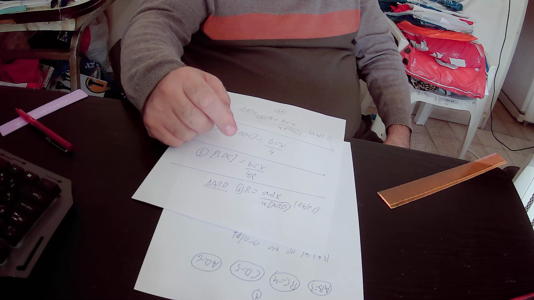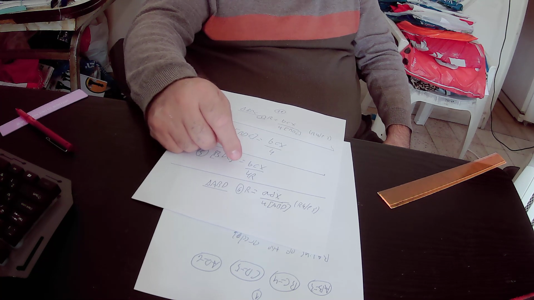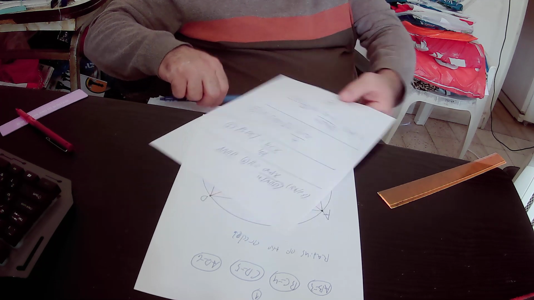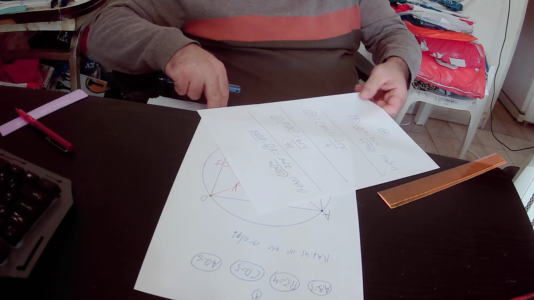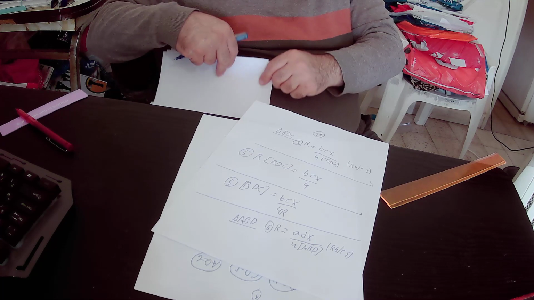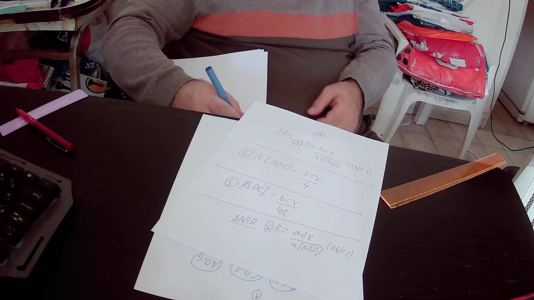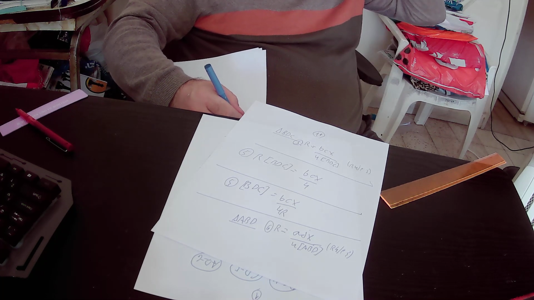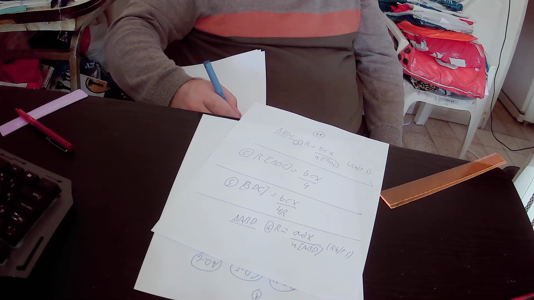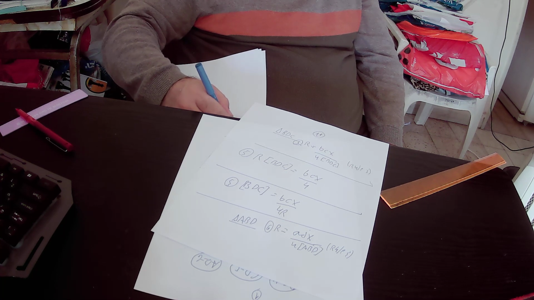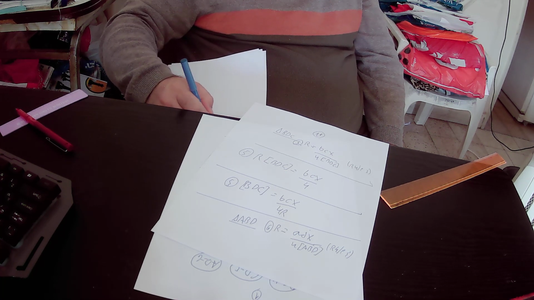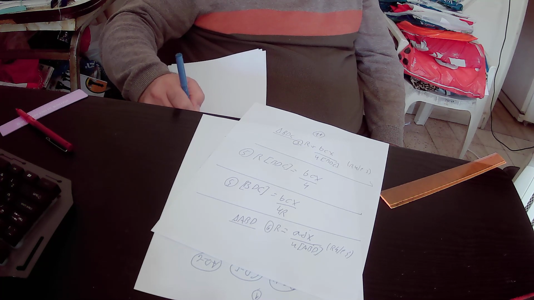Okay, here we will multiply equation number 6 by the area of triangle ABD, and we will get that R times the area of triangle ABD equals ADX over 4.